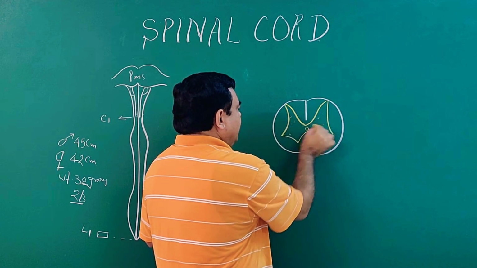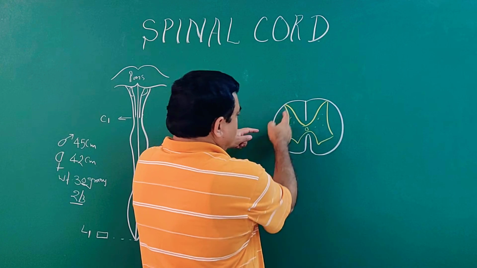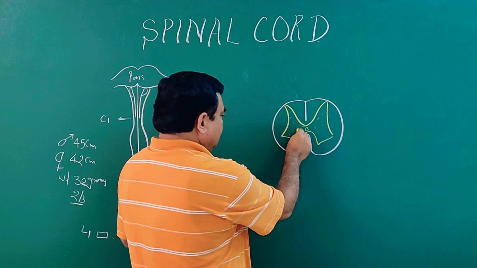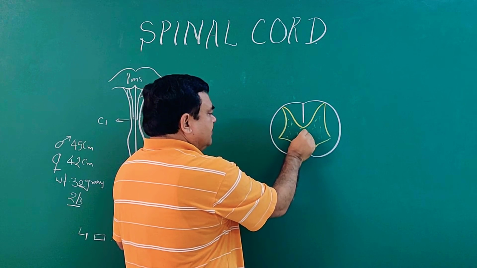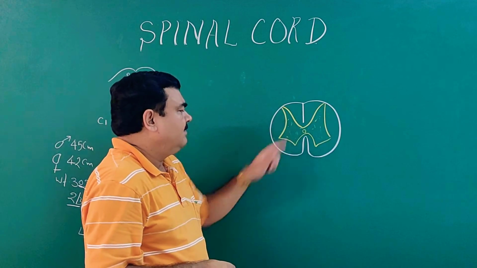This is grey matter, and here this area is white matter. So this is H-shaped grey matter. This is the position of the central canal.